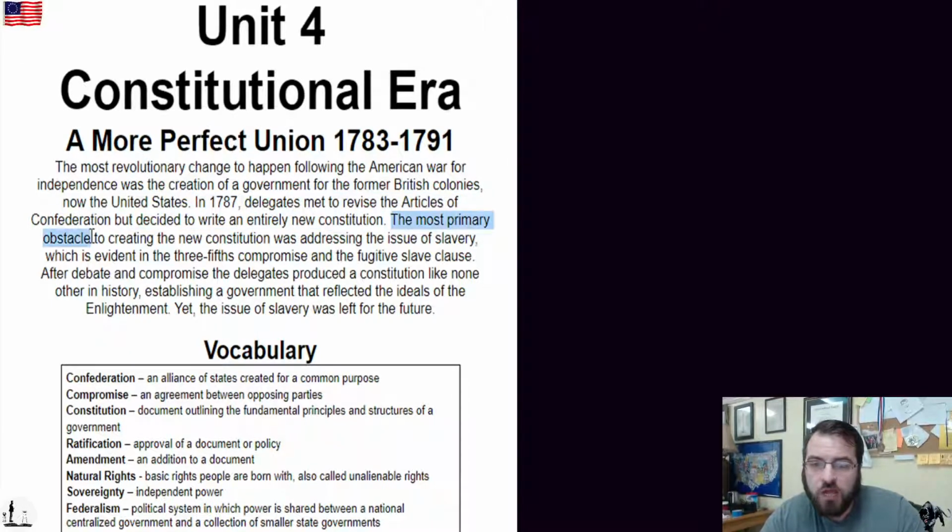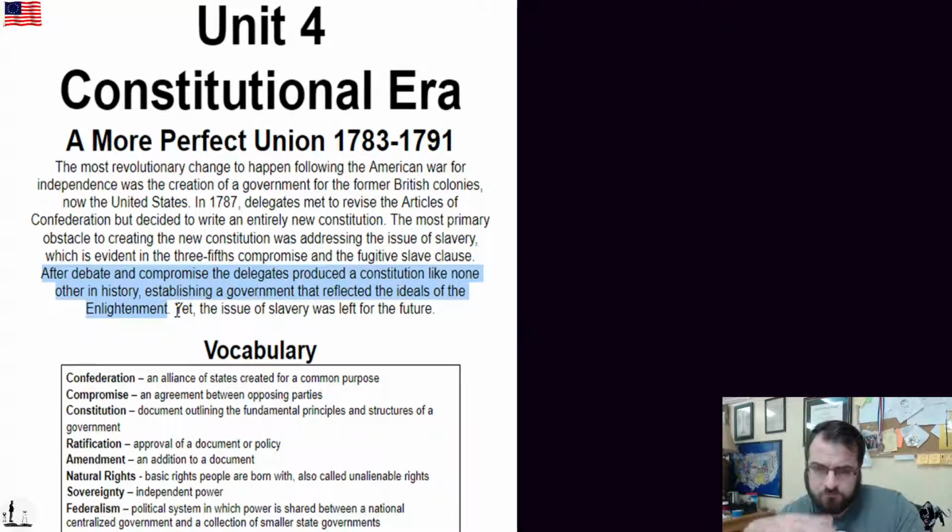The most primary obstacle to creating the new Constitution was addressing the issue of slavery, which is evident, it's obvious, in the 3/5 Compromise and the Fugitive Slave Clause. After debate and compromise, the delegates produced a constitution like none other in history, starting a government that reflected the ideals of the Enlightenment.